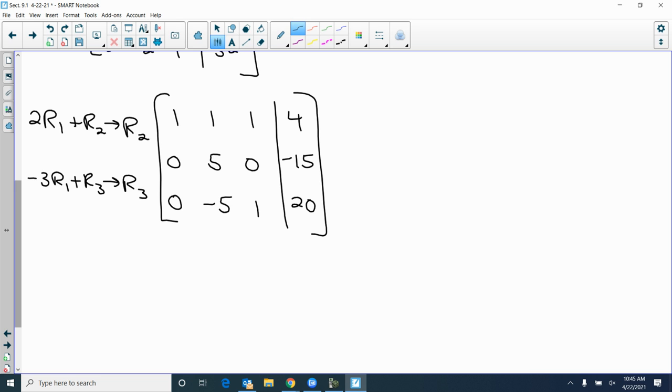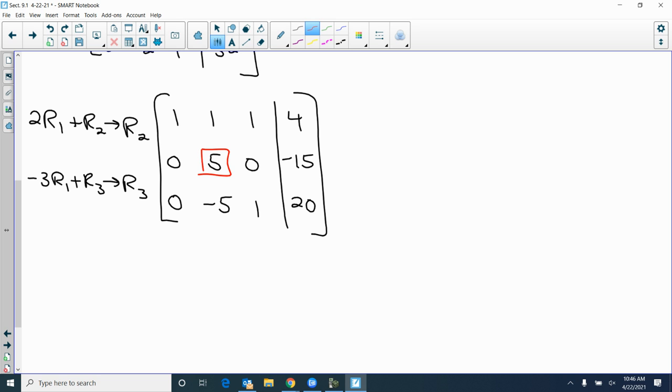All right, what do you need to do next, Mia? Yep, make this 5 right there in the middle a 1. And how can I do that, Mia? So if you add row 3, it'll give you a 0.